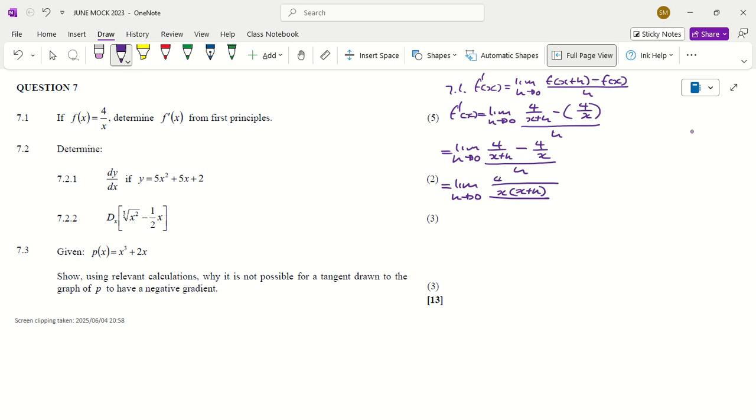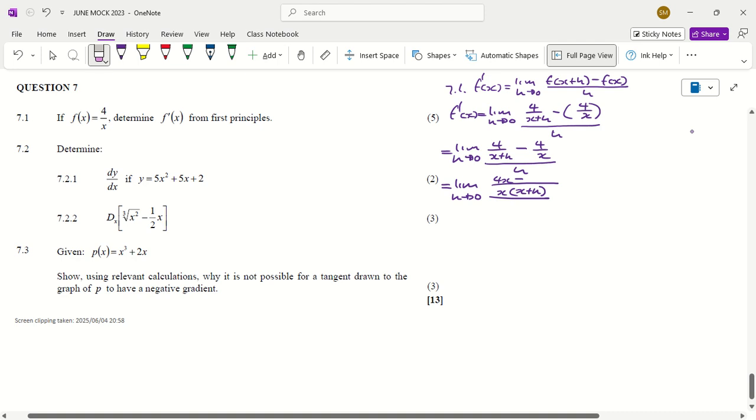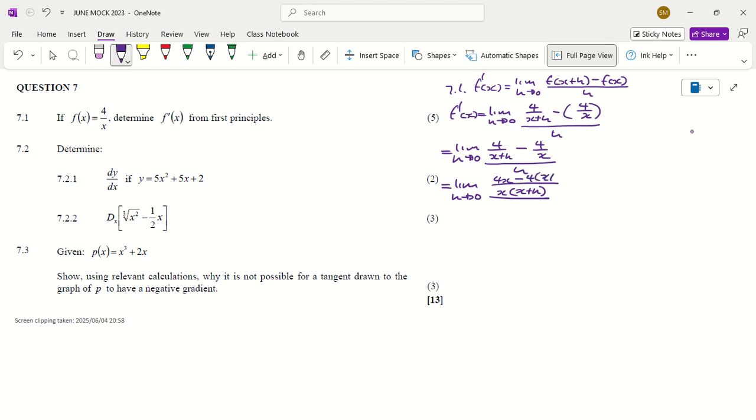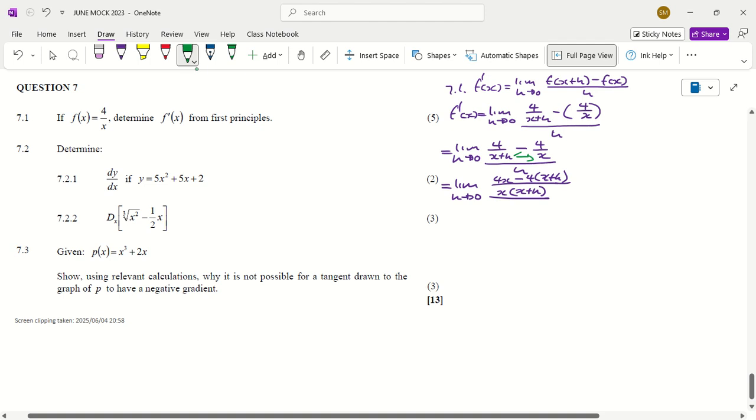So now we can simplify this. Limit of h approaching 0: what we are going to do is find the LCD here, which is x multiplied by x plus h, over, then cross multiply, it's 4x minus 4 times x plus h. To find the LCD, I multiply the denominators and then cross multiply. So multiplying the denominators, I get x multiplied by x plus h, and then I get 4 by x, which is 4x, minus 4 multiplied by x plus h, and all of this is divided by h.